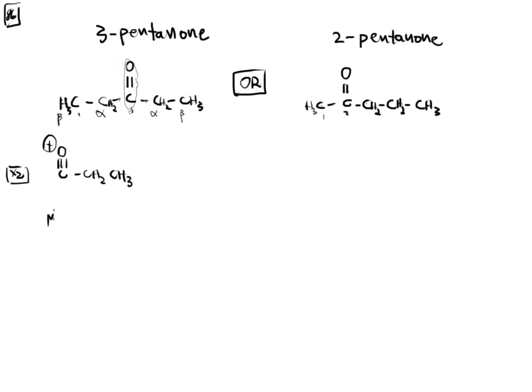So as far as McLafferty goes, there is no choice for McLafferty rearrangement here. I need that gamma carbon in order to break this ketone down the way that it should be, and I don't really have it. So I'm not going to see another fragment based on the different weird ways that a ketone could break down.